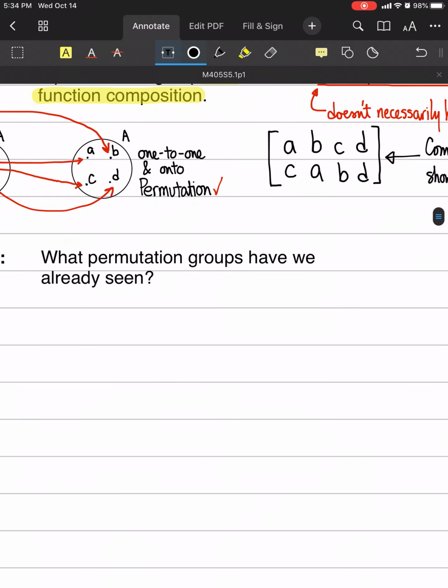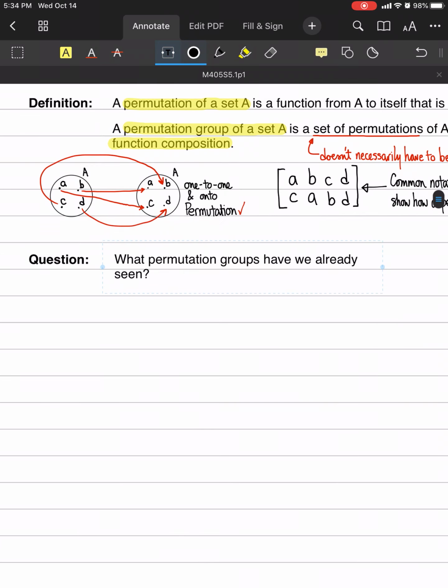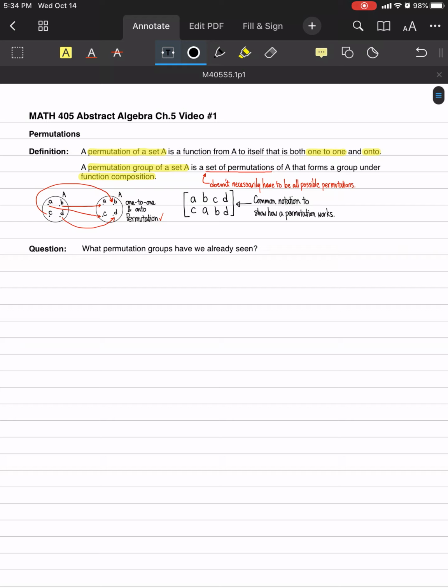So what I mean by this is, remember, a permutation is a rearrangement of elements or mapping one element to another. And the operation that we have to use is function composition. What have we seen that's been like that so far? So think about that, try and answer it, and then unpause the video when you have.